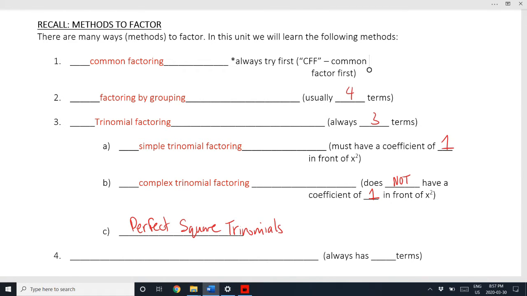And the last one is going to be the difference of squares. And you'll notice differences of squares always have 2 terms.